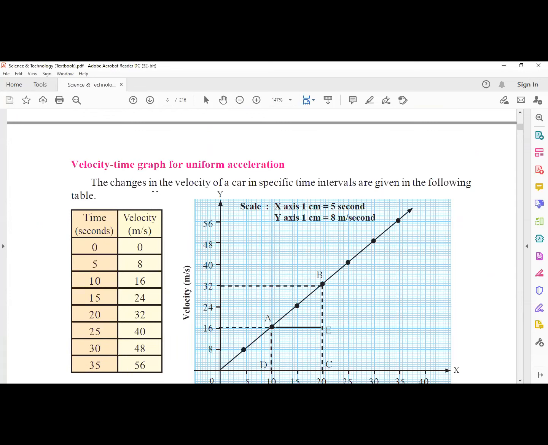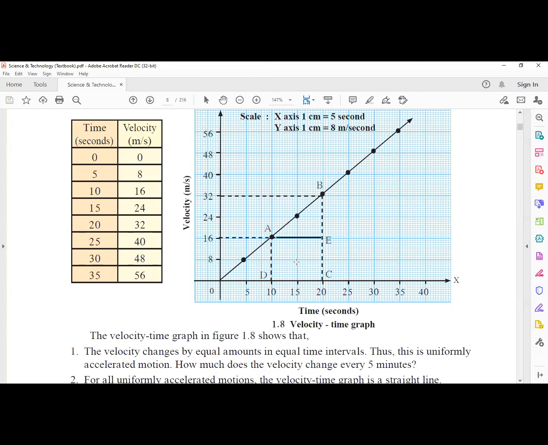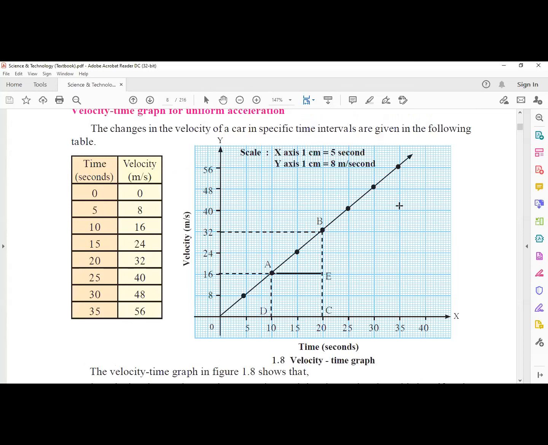Okay, so here you will find the velocity time graph for uniform acceleration. Now you have to tell me the value of acceleration for this graph. Again, you can follow the same technique.